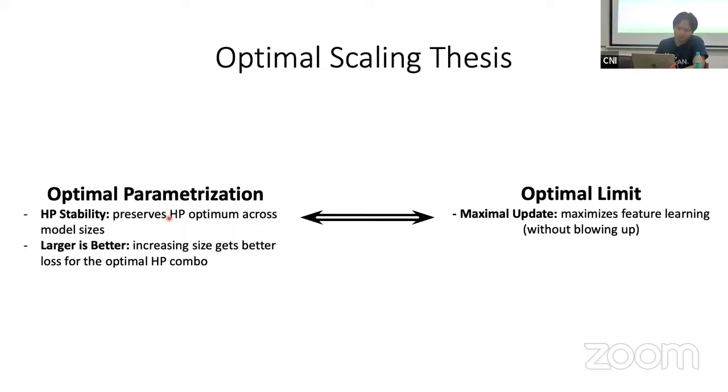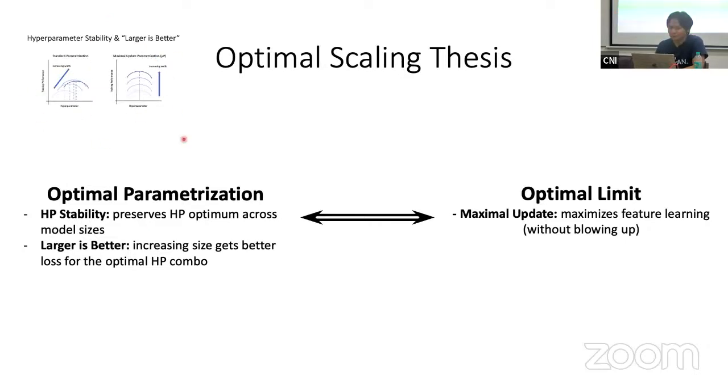So what I mean, first of all, by optimal parameterization: you should have two properties, the stability of optimal hyperparameters and the larger is better property, which are exactly what you saw in the beginning of the talk, if you remember these curves. And these are very desirable properties of scaling.